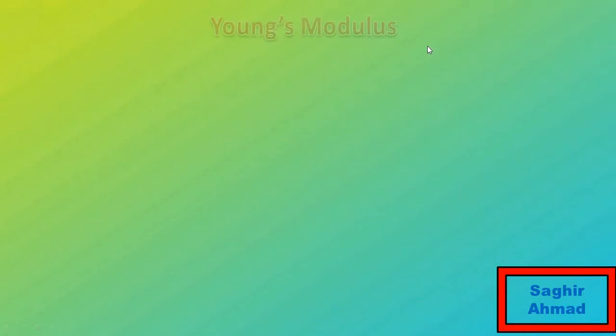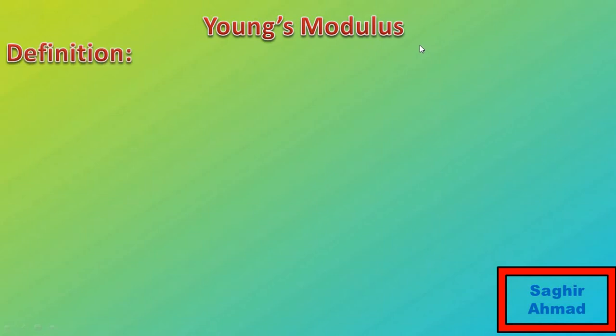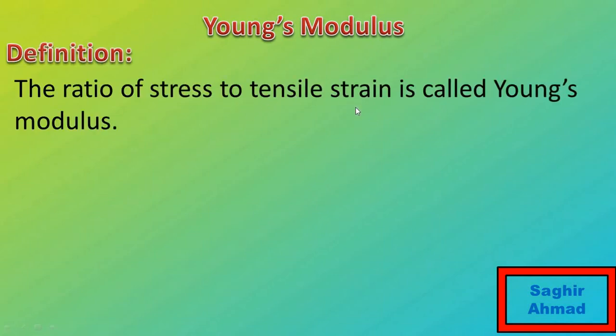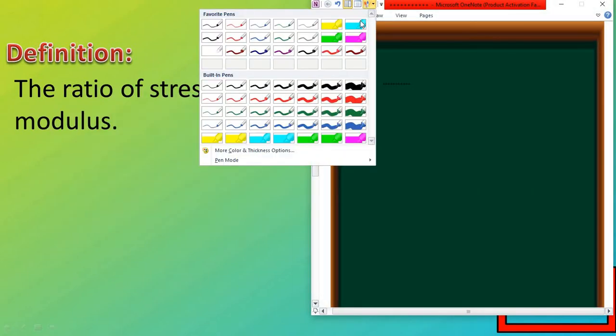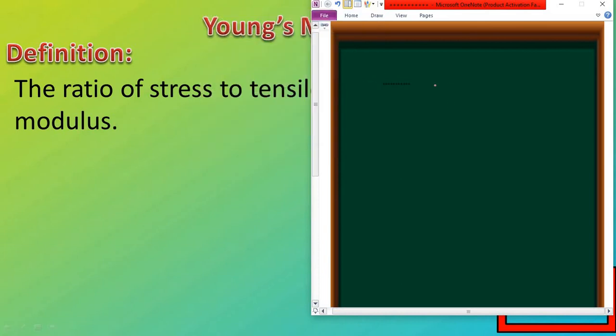Our next topic is Young's modulus. It is defined as the ratio of stress to tensile strain. Now we draw its mathematical form. Young's modulus is the ratio of stress and tensile strain.